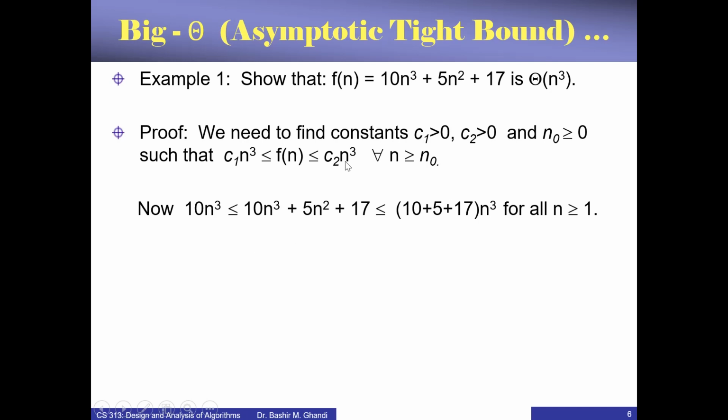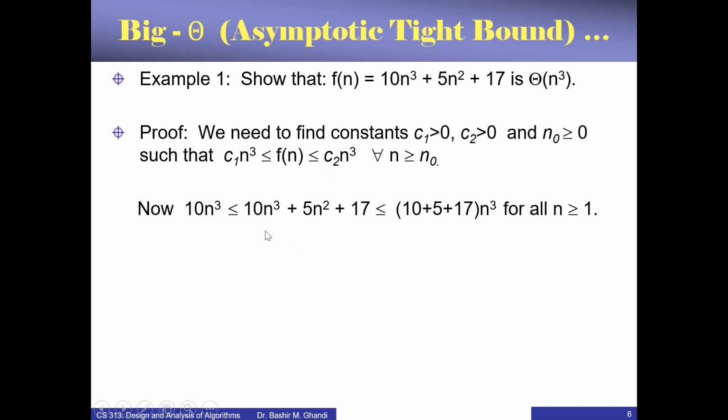Alright, so what about C2? How do we find it? To find C2, what we normally do is we upgrade the other terms. Let them also be as big as n cubed, so that we will be able to factor the n cubed out, and we will end up with one constant, and that constant will be our C2.